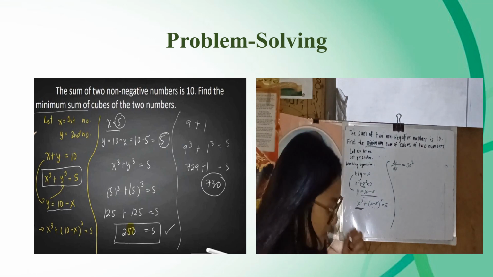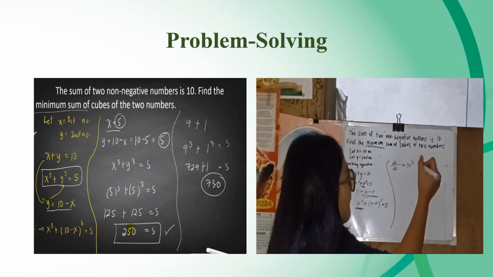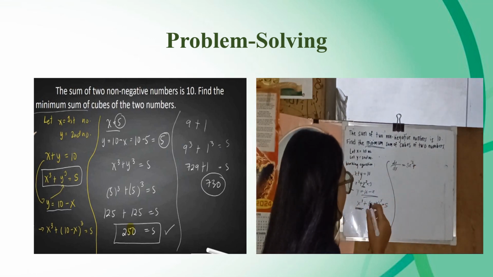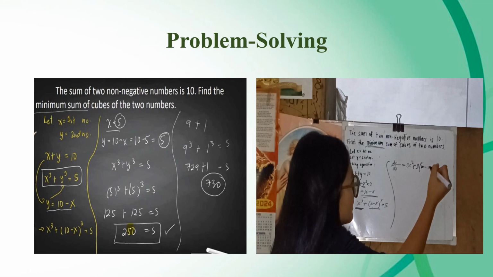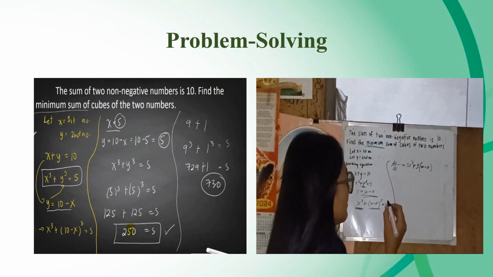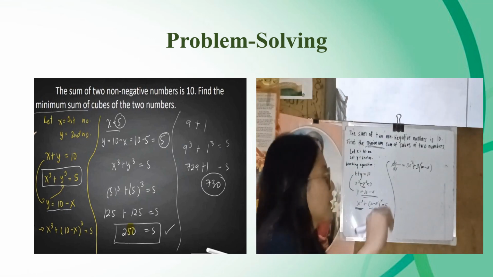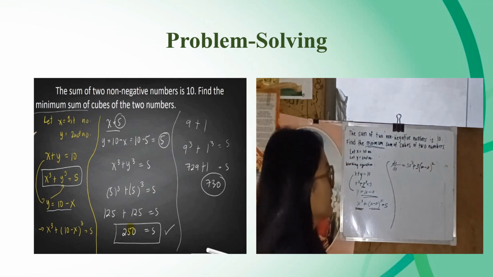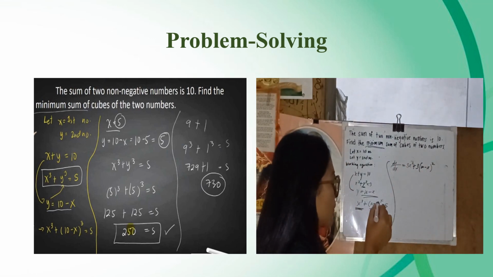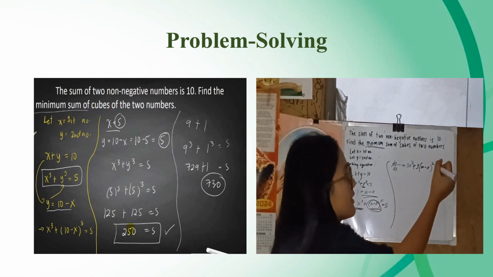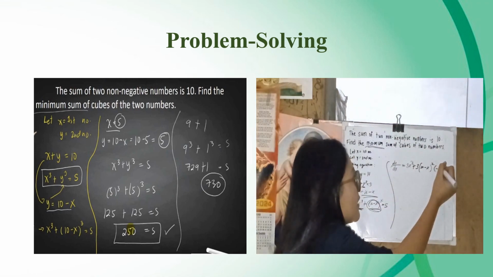So it is positive 3, then copy 10 minus x, then subtract 1 from the exponent, so it has a square. Then the derivative of 10 minus x is negative 1.